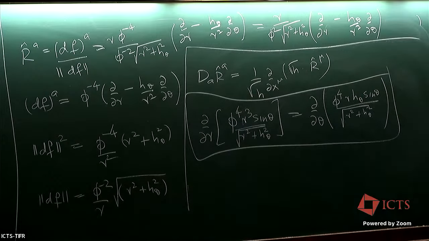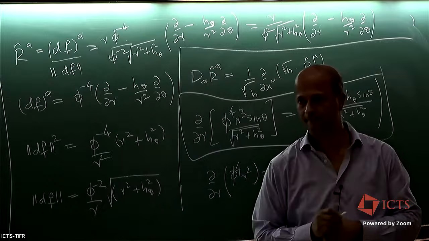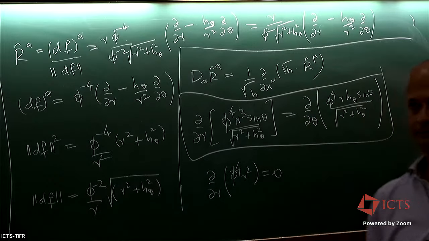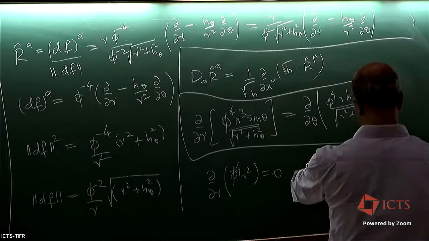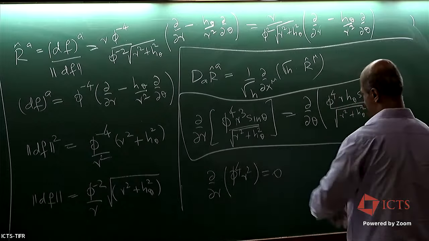So that just becomes del by del r of phi to the fourth times r cubed divided by, now this goes away, so this is just an r square square root, so just an r. So it's just phi to the fourth times r squared. Right? You notice this is just a square of phi squared times r. So this is then simply del by del r of r times phi square is 0.